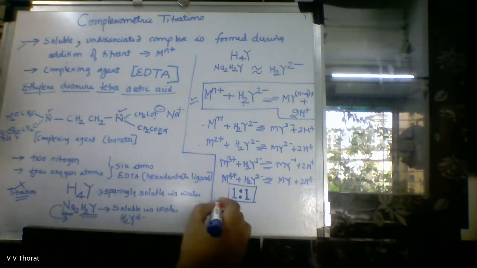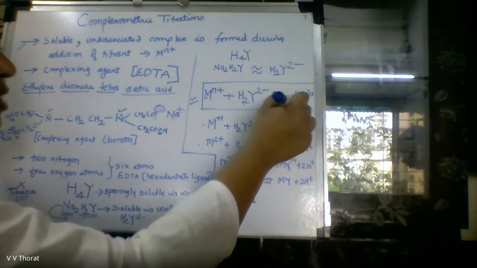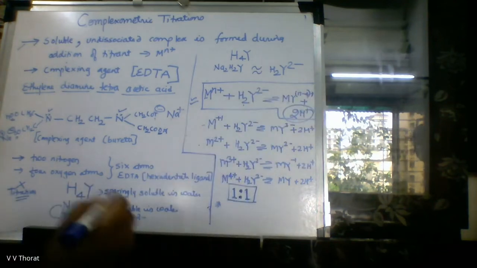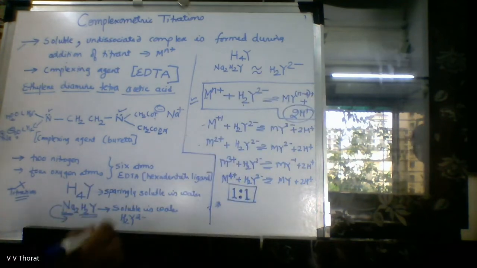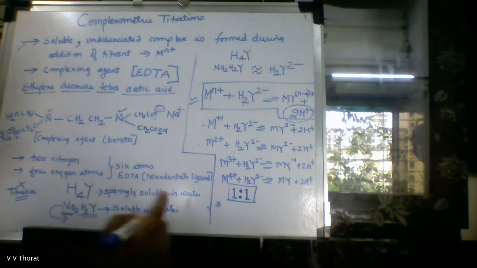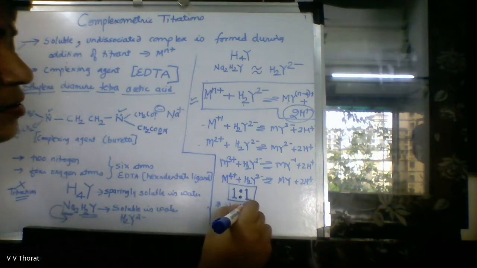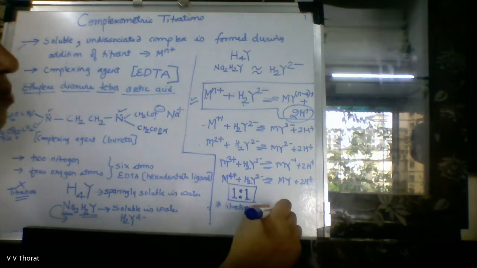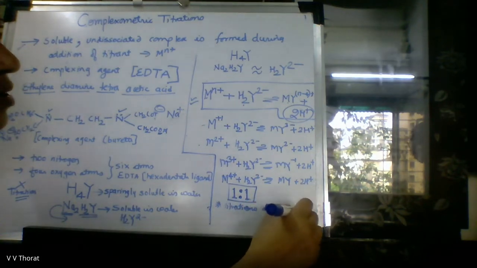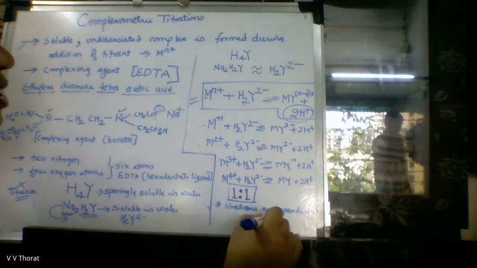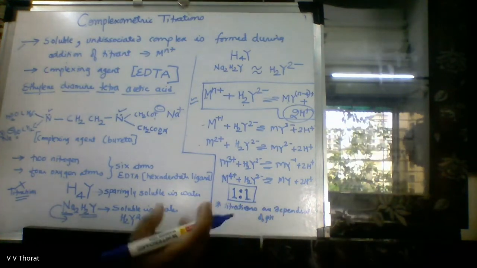One more important point I forgot to tell you is, see, in EDTA titrations, ions are liberated. Since ions are liberated, these titrations are dependent on pH of the solution. Means they are sensitive.